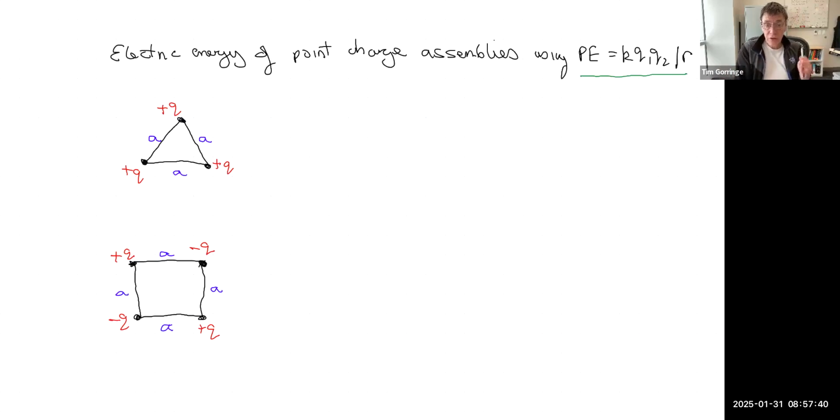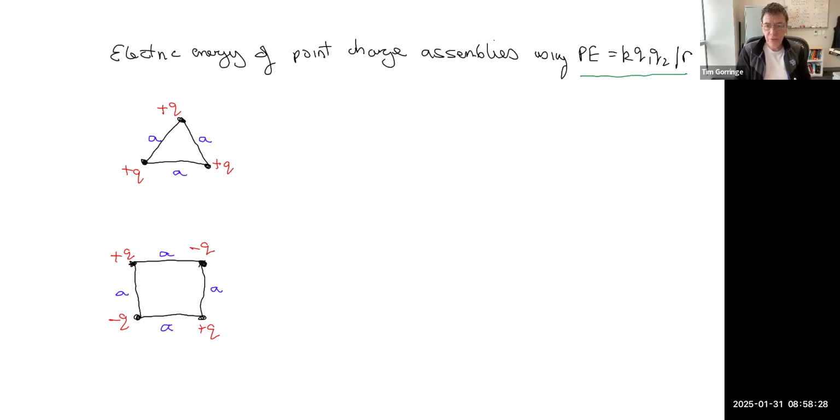If you kept track of all the work you had to do against the electrical force to bring the 2 charges in, bringing in the first charge actually costs you no work because there's no other charges around. Bringing in the second charge does cost you some work because there's the first charge around. If you track all that amount of work you do bringing in the charge, remembering that work is just transfer of energy, so tracking the amount of work you do is tracking the amount of energy you put into assembling the charge distribution, you arrive at this formula. This formula for the energy stored by a pair of point charges.